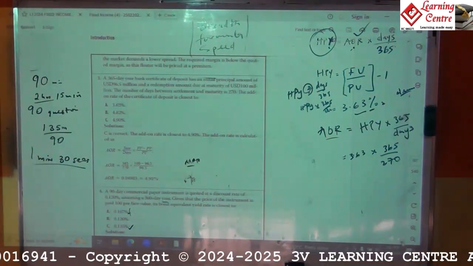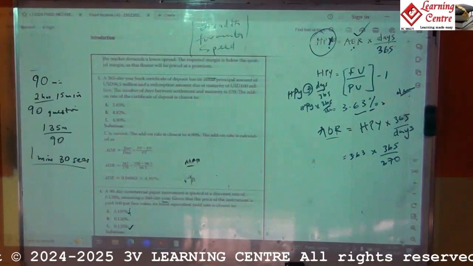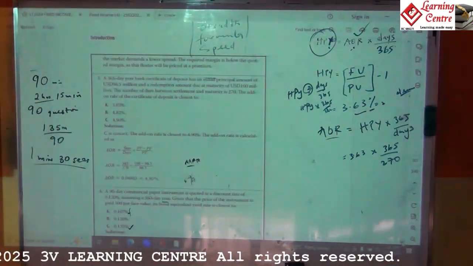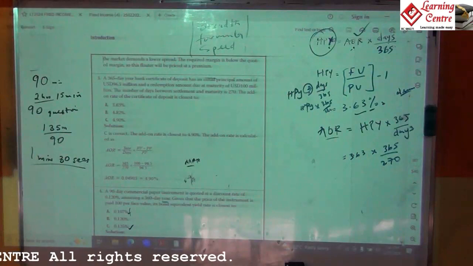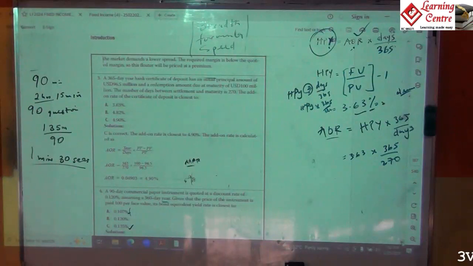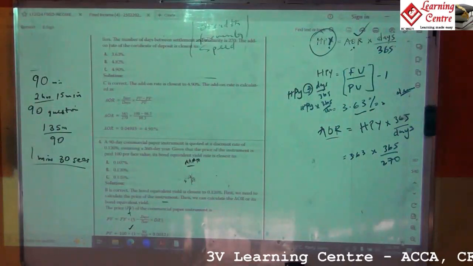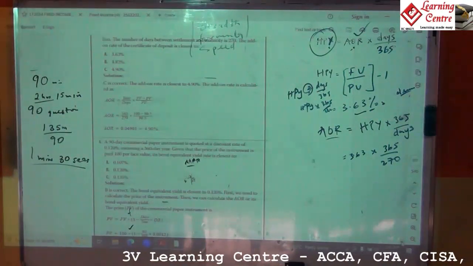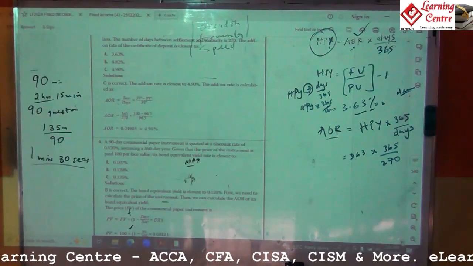It's 0.12014, a bit higher than 0.12, just that because the interest rate is not very high, there's not much difference.